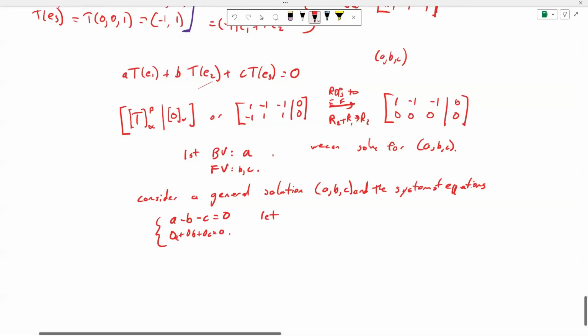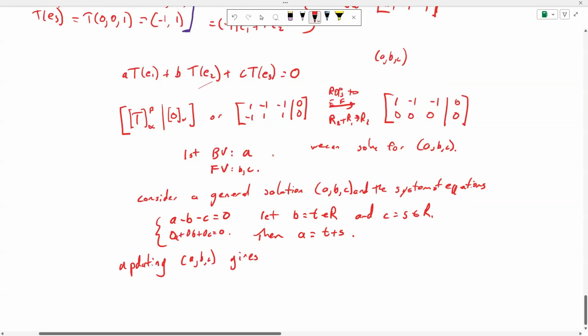Let b equal t, an element of the reals, and c equal s, an element of the reals. Then a equals t plus s. Updating (a, b, c) gives (t plus s, t, s).